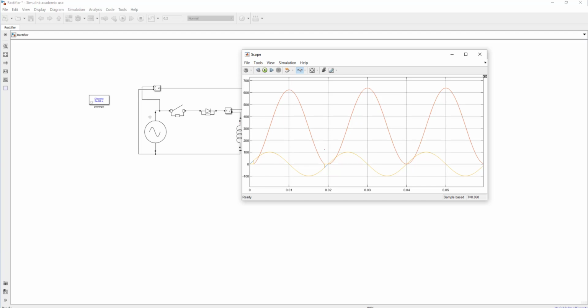This is completely the same analysis that we have discussed. We are giving 100 to 100, and the current rises to a peak. The voltage across the inductor is the same as the output voltage. Hope you understood that.